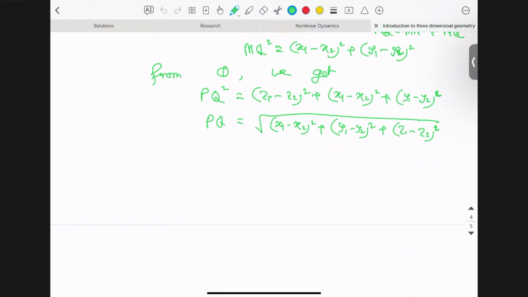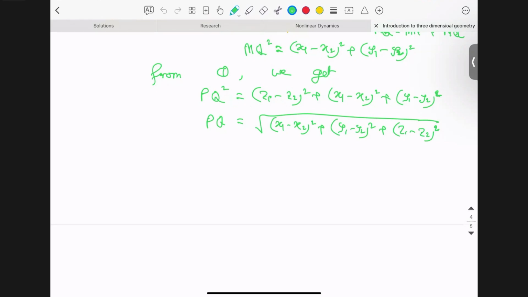If we compare it with the real plane, R2, whenever we are finding the distance between 2 points, we use the formula square root of x1 minus x2 whole square plus y1 minus y2 whole square. Now here, as it is three dimensional geometry, we have additionally added the extra term z1 minus z2 whole square. Nothing else.